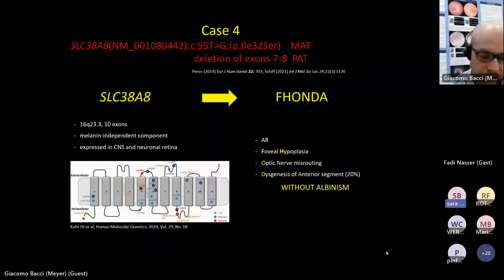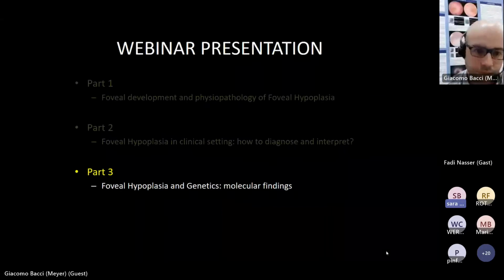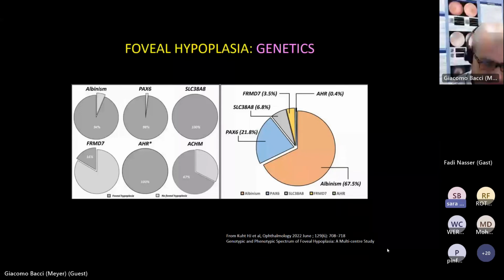Now that we have finished the clinical cases, I think we can move on just for a recap of genetics in foveal hypoplasia from a strictly molecular point of view. For talking about genetics in foveal hypoplasia, surely the most common associated condition is albinism, and most albino patients show foveal hypoplasia.